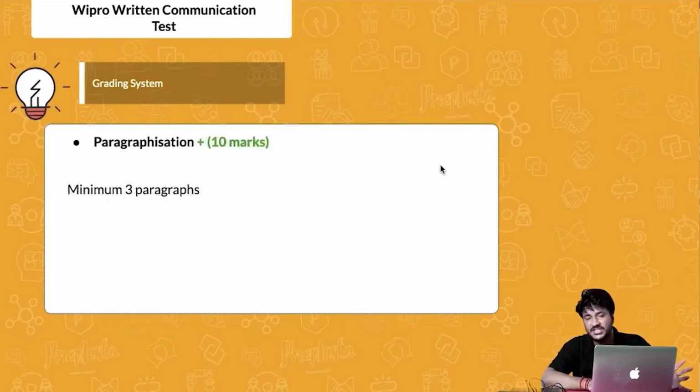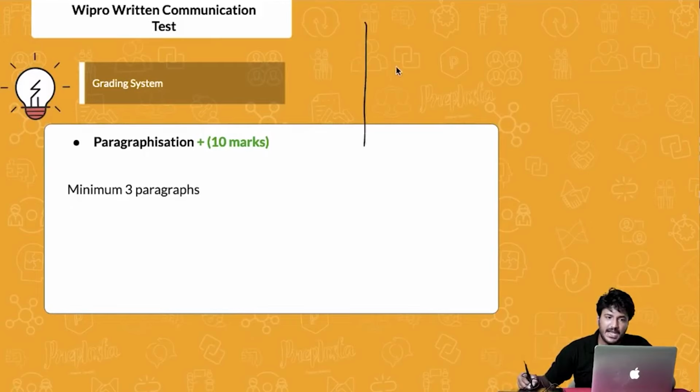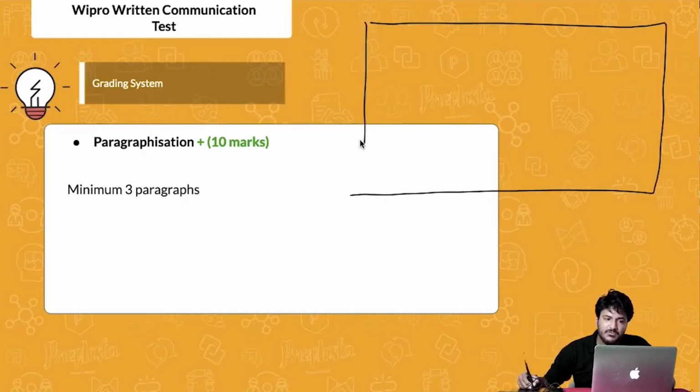So paragraphization is the next important thing, right? What it means is you have to break down your essay into a minimum of 3 paragraphs. That is what we suggest, and that is basically 10 marks. If you write everything in 1 paragraph, 0 marks. If you write everything in 2 paragraphs, you will get 5 marks.